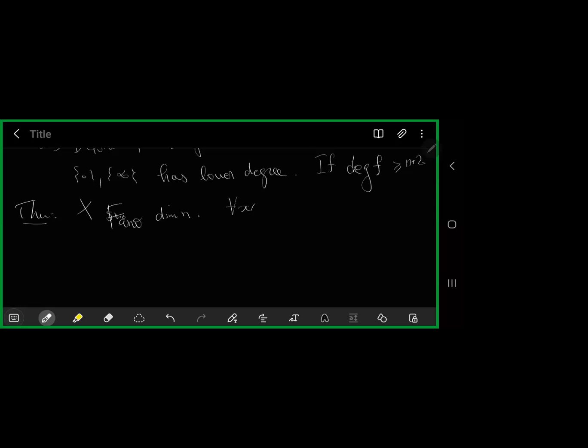For all points x in X, there exists a rational curve, let's call it Cx, which contains the point x and has degree at most n plus 1. And for degree, you need to have some kind of embedding into Pn. And then to get an embedding, you really need an ample line bundle. And that is going to be given by the line bundle, the top exterior power of the tangent bundle.